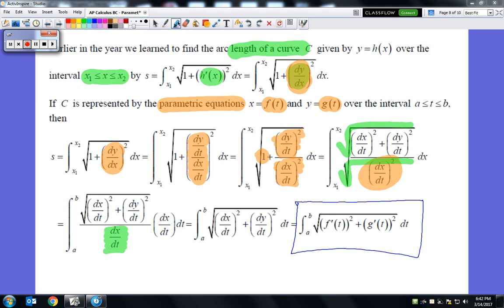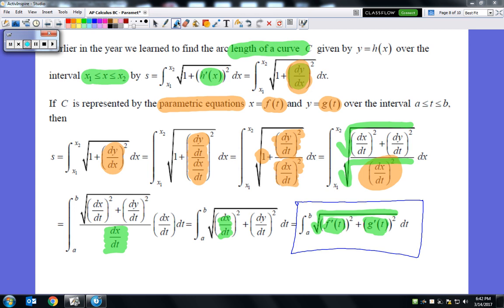So the equation that you're going to know is dx dt, which is basically the derivative with respect to time. No longer x, but with respect to time. And then g is also derived with respect to time. And then we square each one, take the square root of that summation, and integrate it.